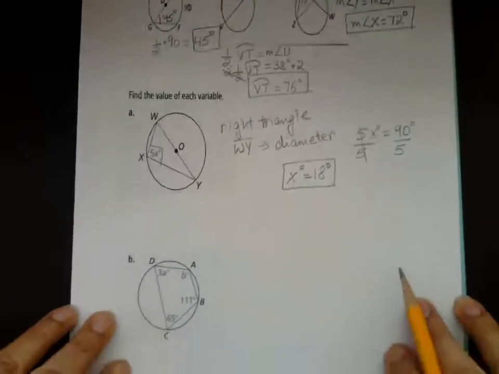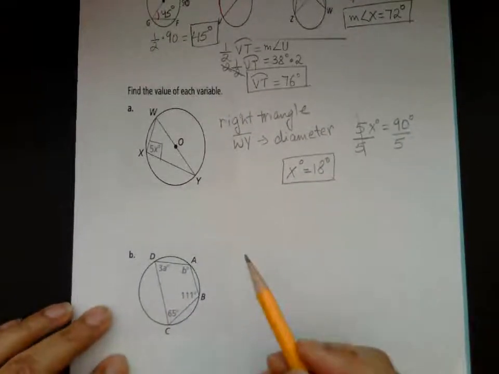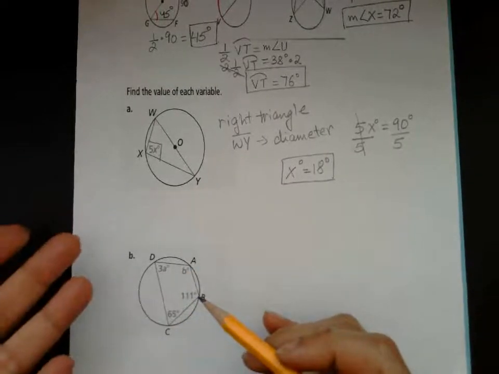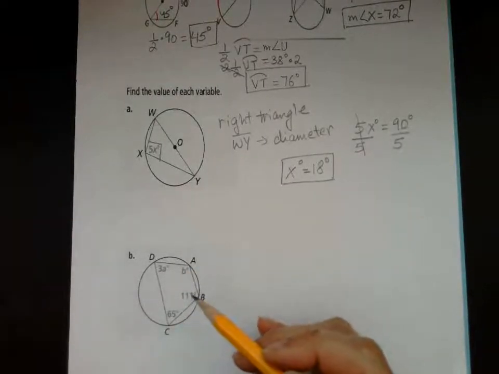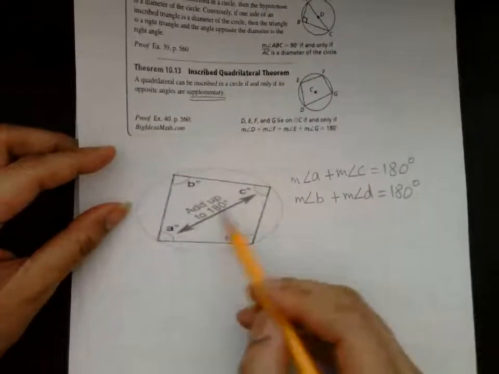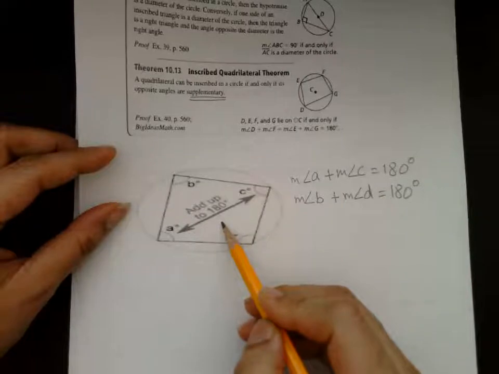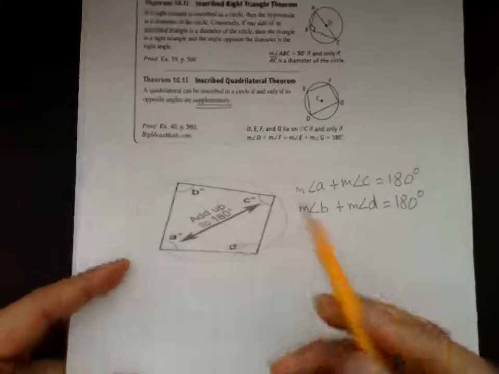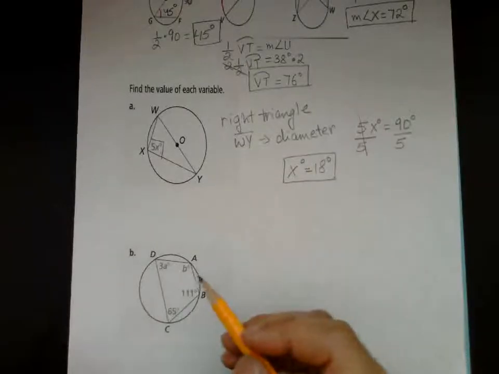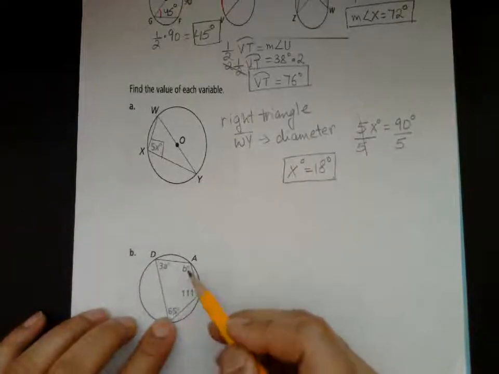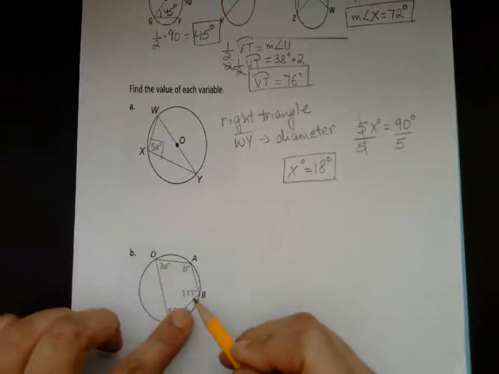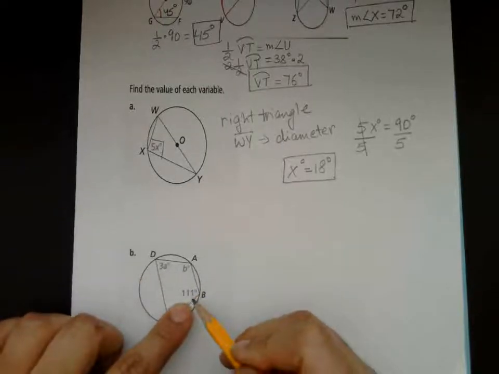Let's try this one. In this case, we have a quadrilateral inscribed in a circle. When a quadrilateral is inscribed in a circle, the opposite angles form supplementary angles. That means they add up to 180 degrees. Let's apply the same principle. So opposite angles are 65 and B, and the other set is 3A and 111.